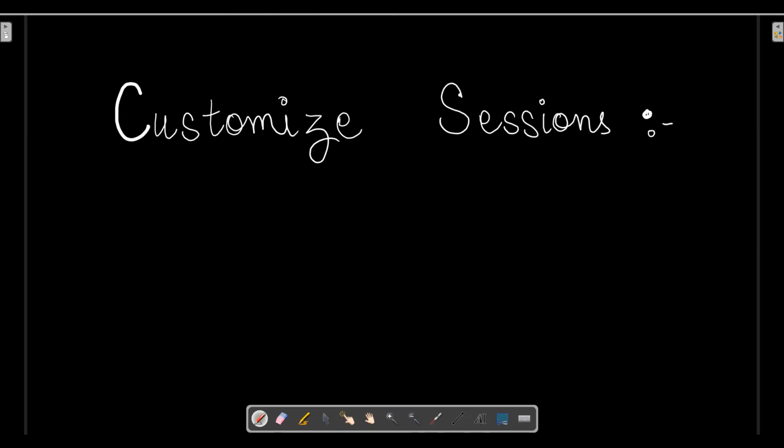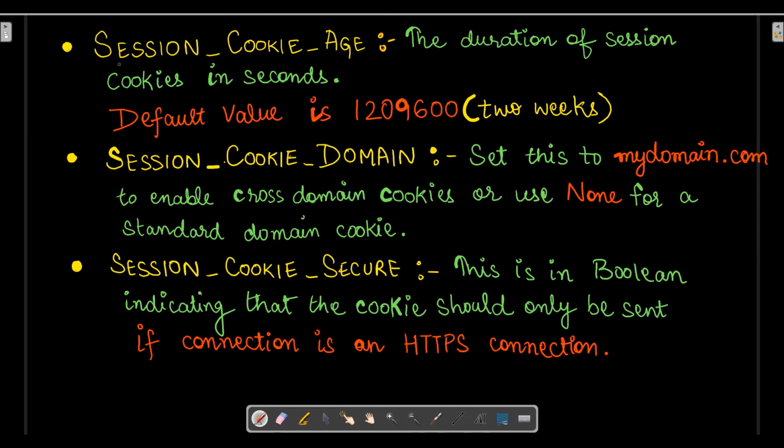Now how can we customize sessions? First, session cookie age: here we can set the time period, the duration that the cookie can be saved. By default it's 2 weeks, and it is given in seconds. That completely depends on you, to refresh it within a week or within a day. Then the second comes session cookie domain.